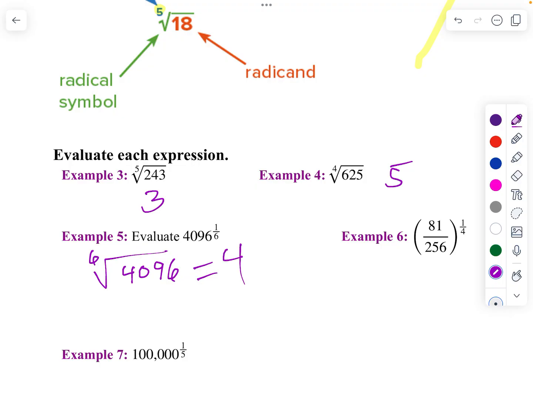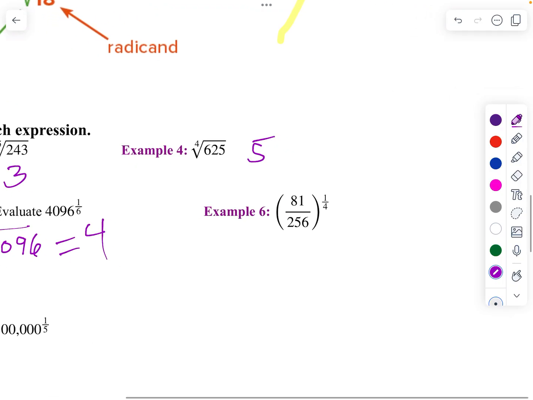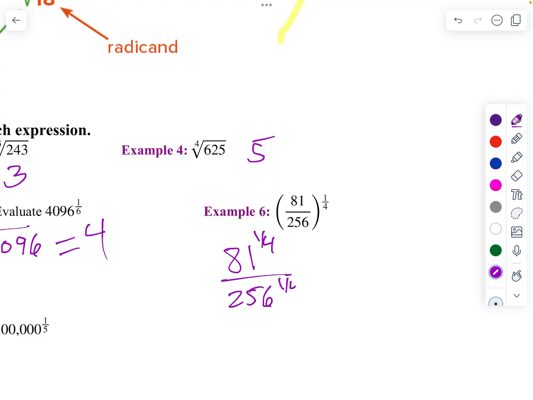If we take a look at example 6, I'm going to do the 4th root of this fraction. That's really 81 to the 1/4 power over 256 to the 1/4 power.